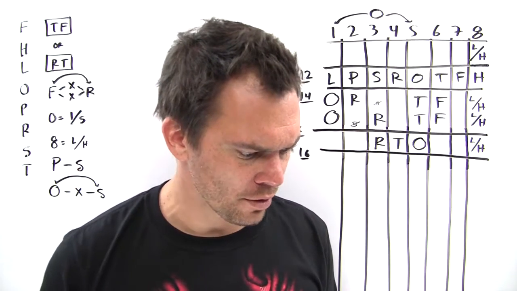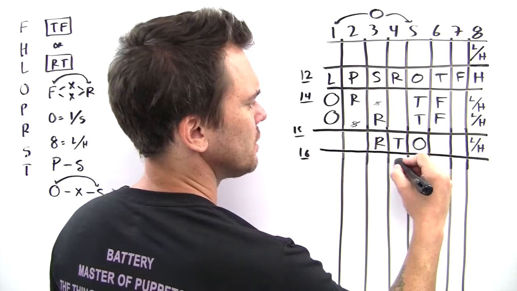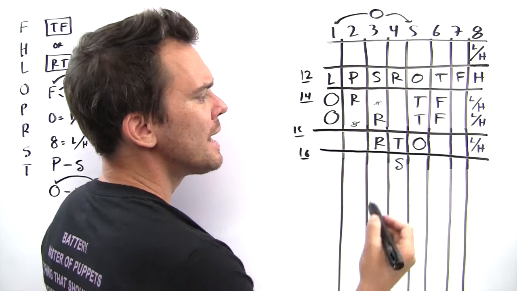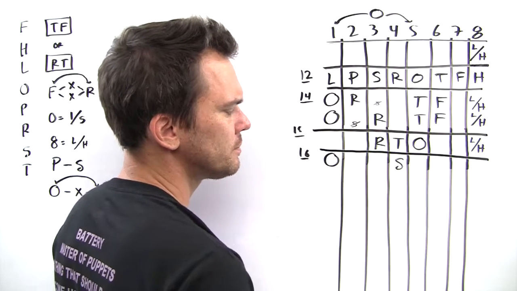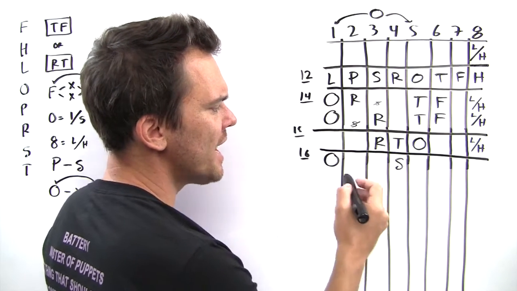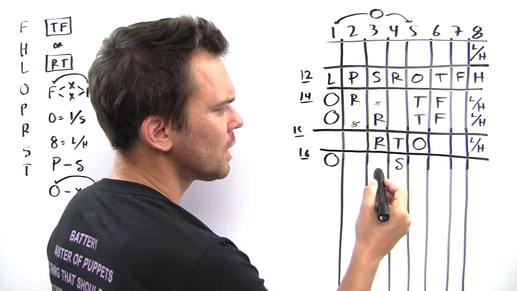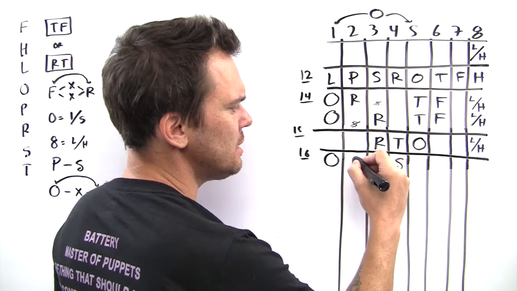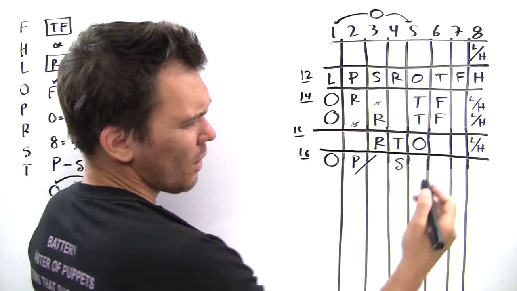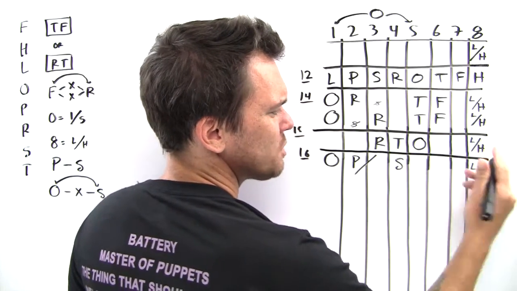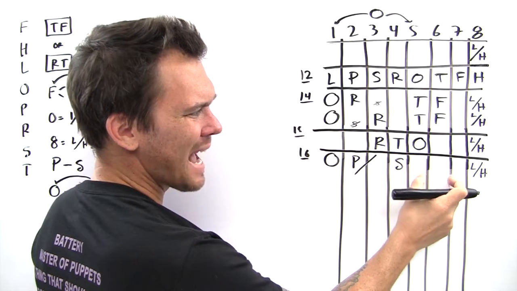If S is 4th, what could be the ones that are 1st, 2nd, and 3rd? Alright, S is 4th. Now S and O cannot be next to each other, so O is not 5th, O is 1st. And then you've got P before S. So one of these 2 has to be P. And also, with L and H back here at the end, I am not getting R and F squished inside here.